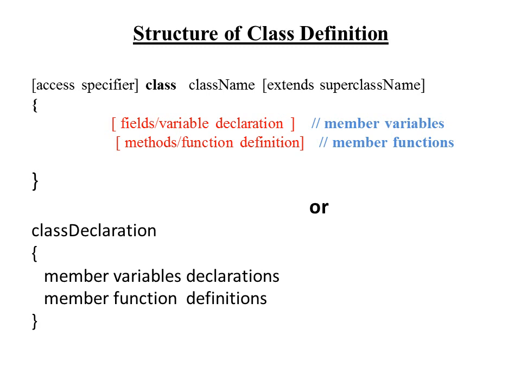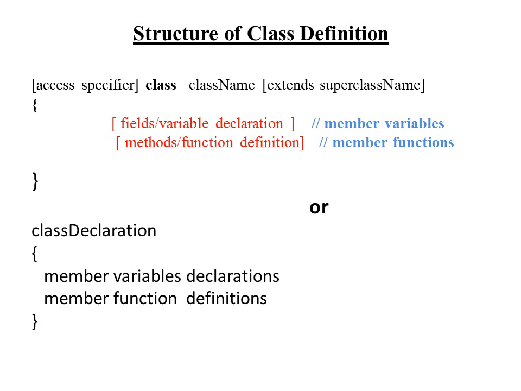Collectively, the variables and functions are known as the members of the class in which they are declared. So, the general form of a class definition is the class declaration followed by member variable declaration and member function definition.